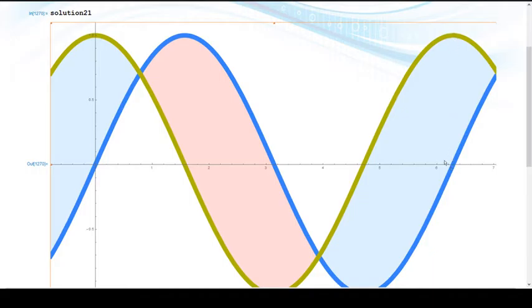Now, you notice that I've colored the region blue in some places and red in others. The reason is that the red region is where sine is greater than cosine, and the blue region is where cosine is bigger than sine. If we were to just integrate cosine minus sine, then the blue areas would be positive and the red would be negative, and we'd get cancellation.